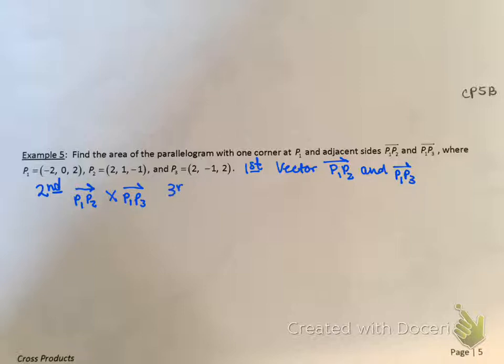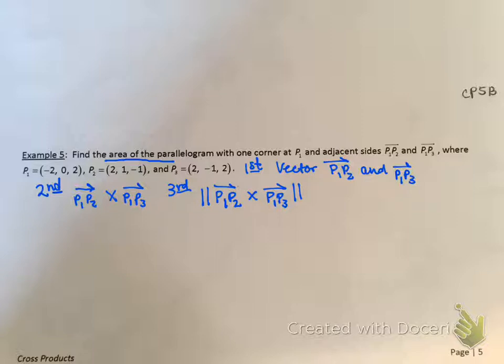And then the third thing we're going to do, because it's asking us to find the area of the parallelogram, is take the magnitude of the result from step 2. So the cross product of P1P2 crossed with P1P3. Okay, so it's a three-step process.